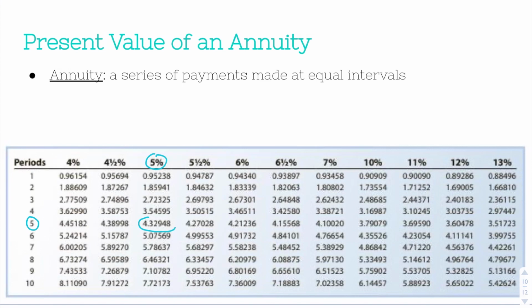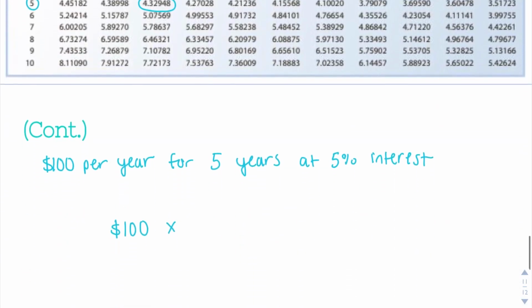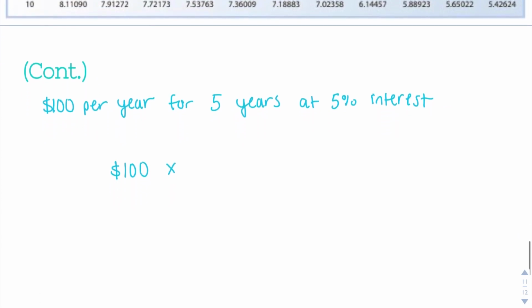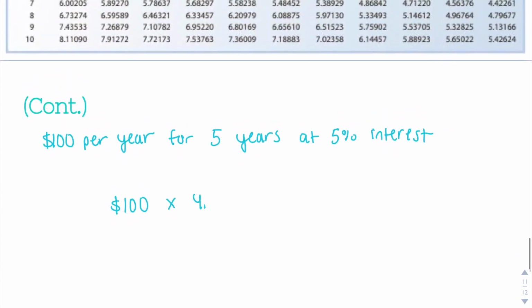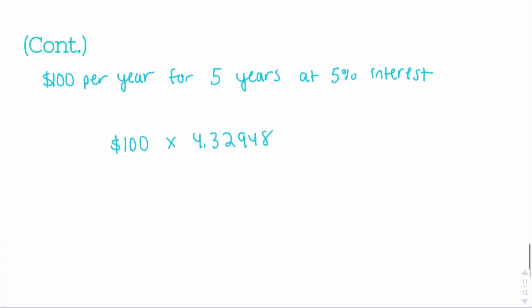So it is 4.32948. So we multiply it here, 4.32948, and that gets us $432.95 as the present value of $100 per year for 5 years at 5% interest.